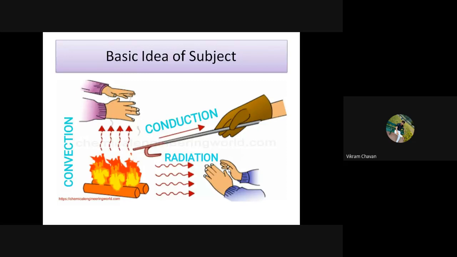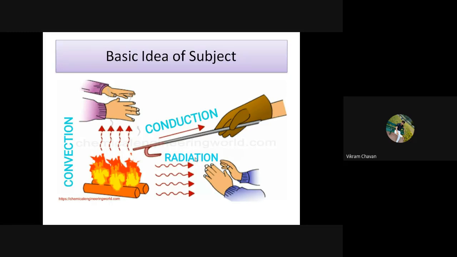Have you understood the basic strata of our subject? Conduction, convection, radiation. This is the basic strata of our subject. And heat transfer depends on one thing only, the temperature gradient.